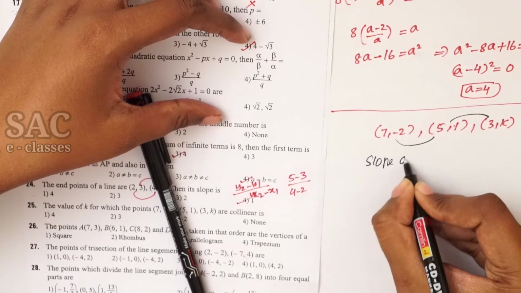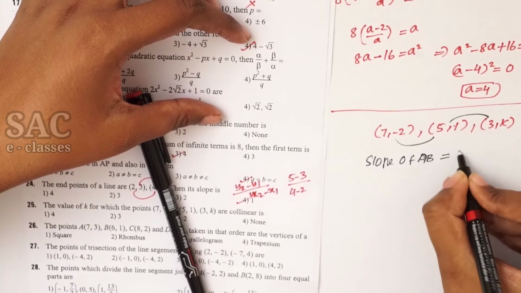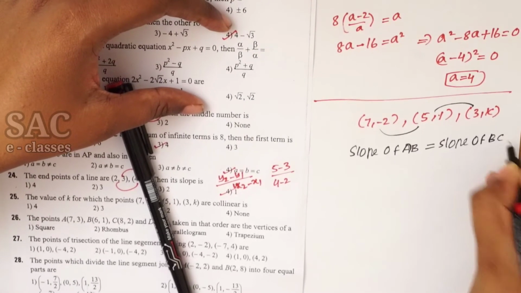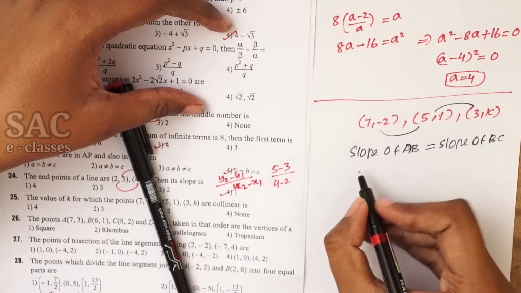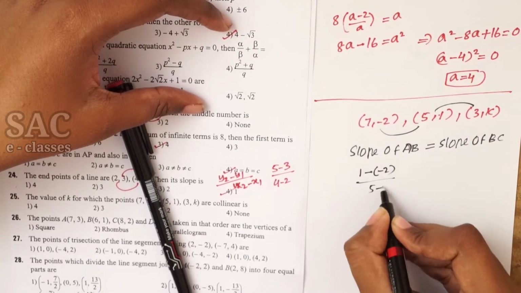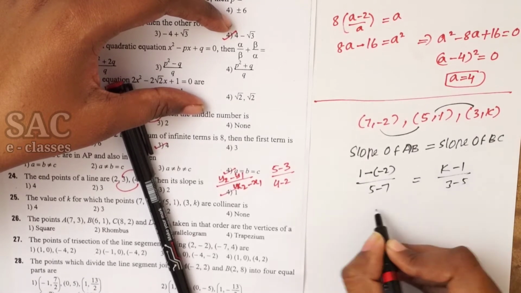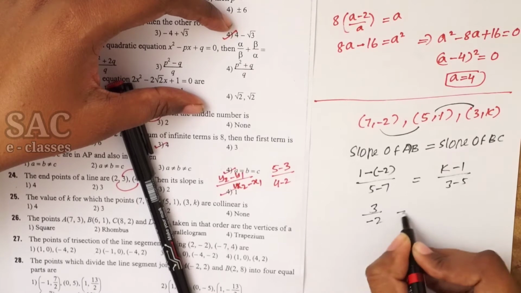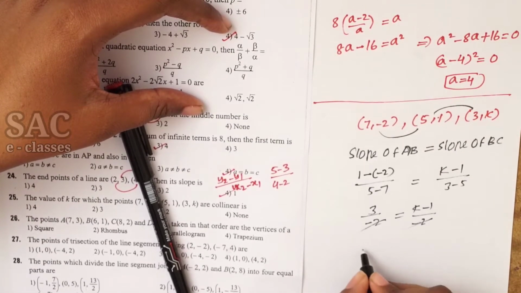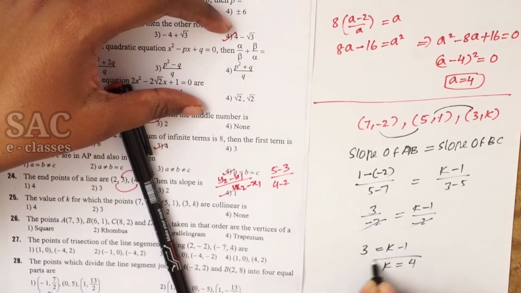Slope of first two vertices AB equal to slope of next 2 points BC. What is the slope of AB? 1 minus of minus 2 by 5 minus 7. K minus 1 by 3 minus 5. 3 by minus 2 equal to K minus 1 by minus 2. Minus 2 cancel. 3 equal to K minus 1. Then K equal to 4.